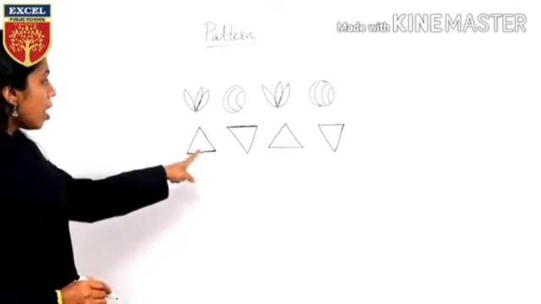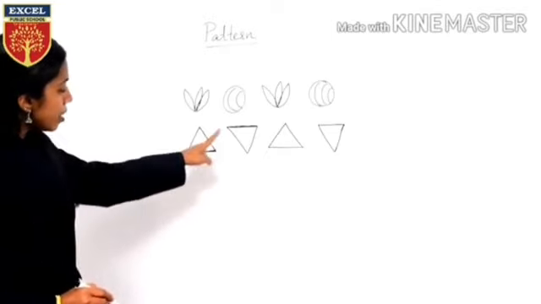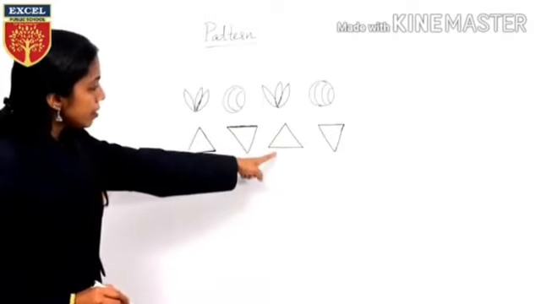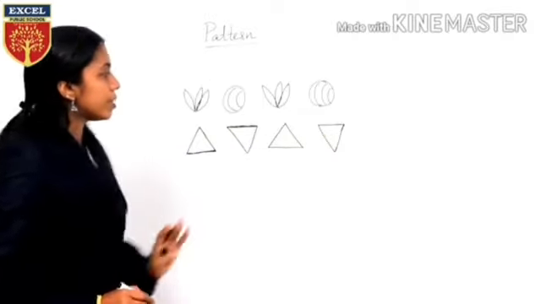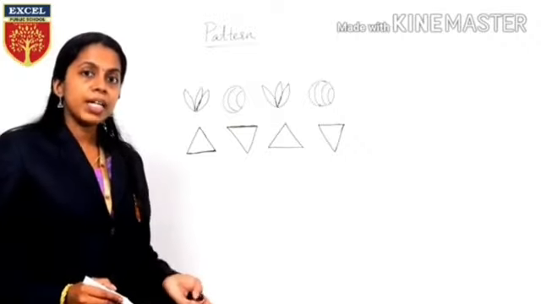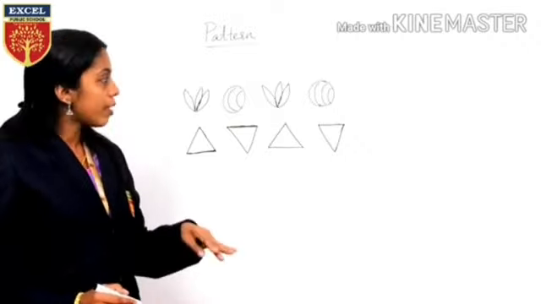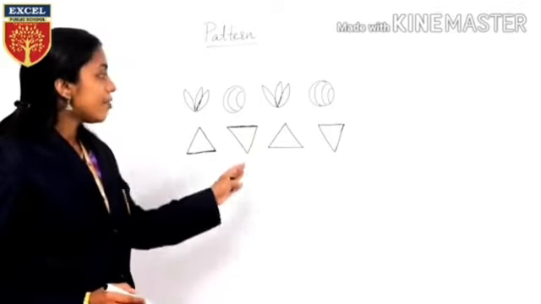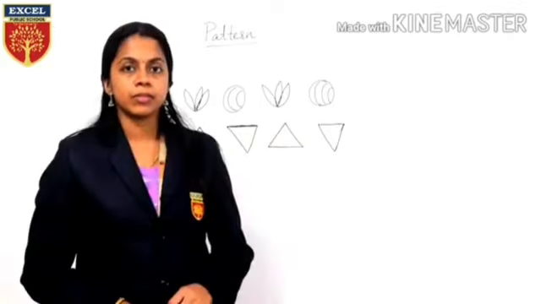What is the rule? After this triangle, this one, then again this one, then this one. Clear? So what is a pattern? A pattern means a series or sequence that repeats followed by a rule.